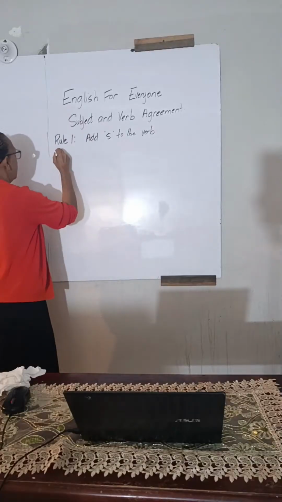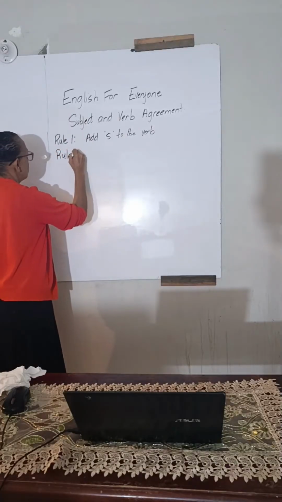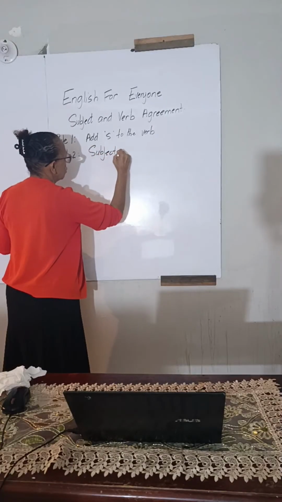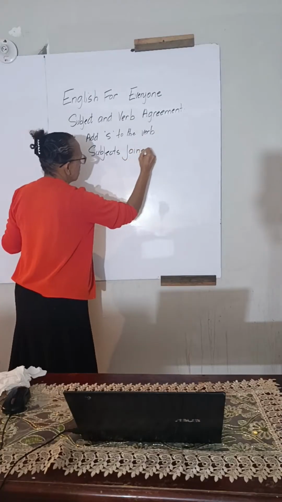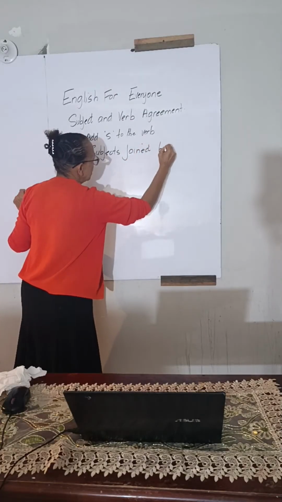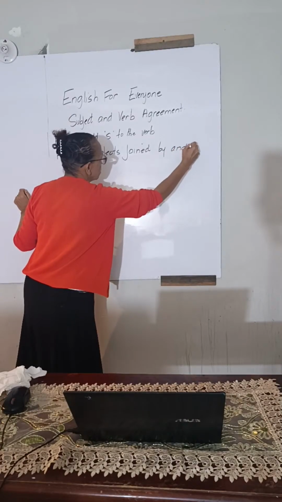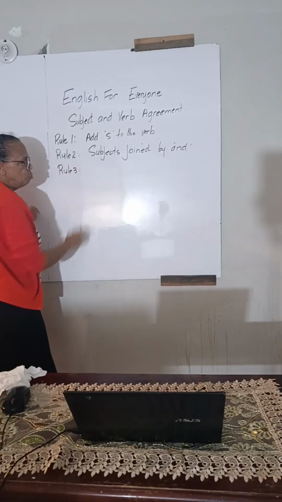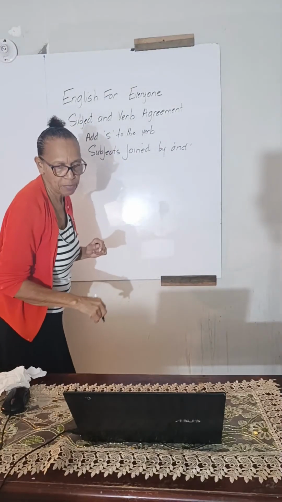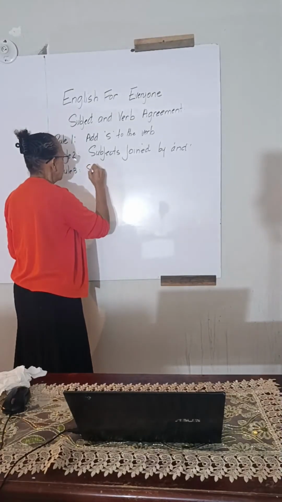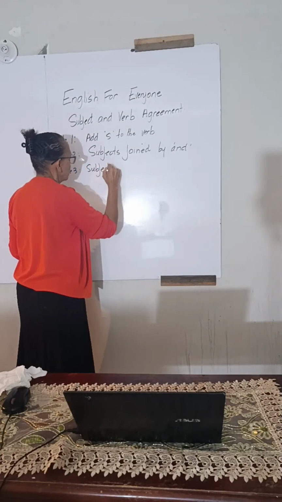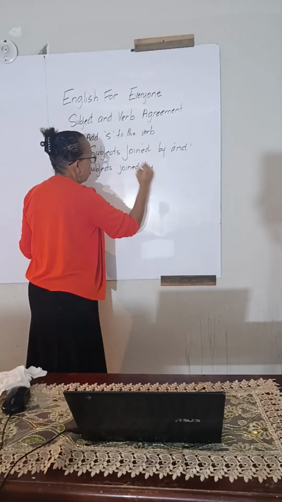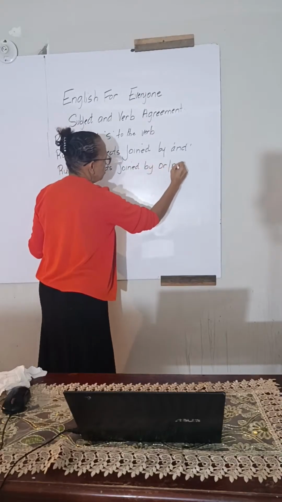So rule 2, subjects joined by and, A-N-D. Rule 3, subjects joined by or and nor.